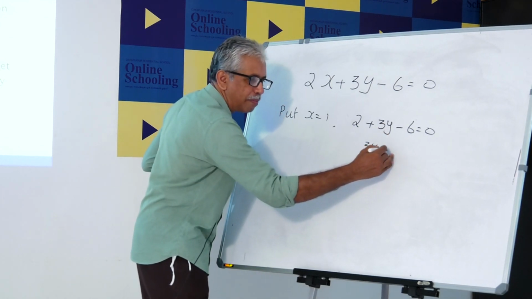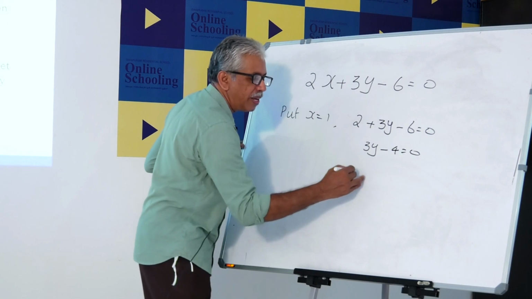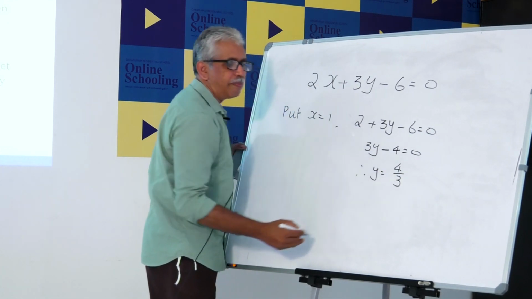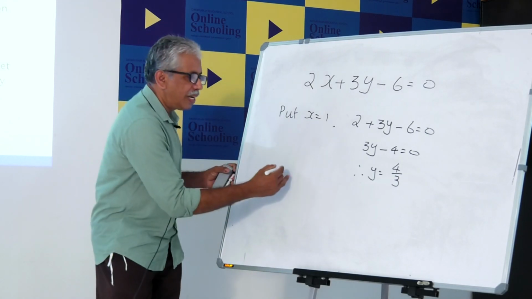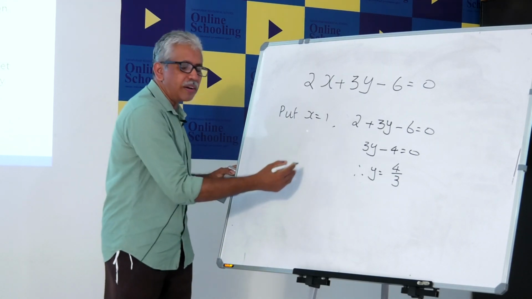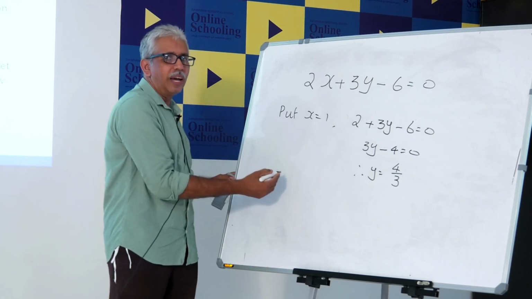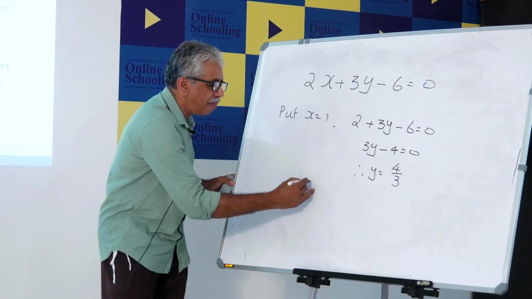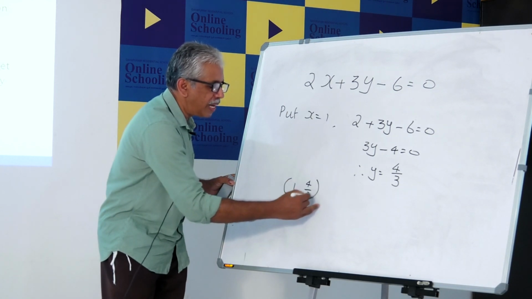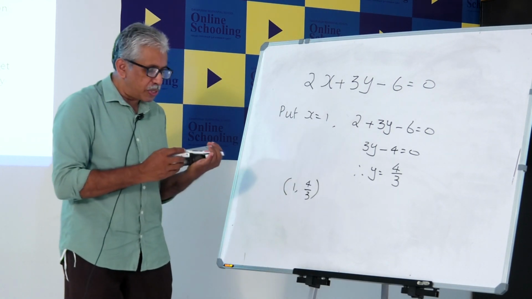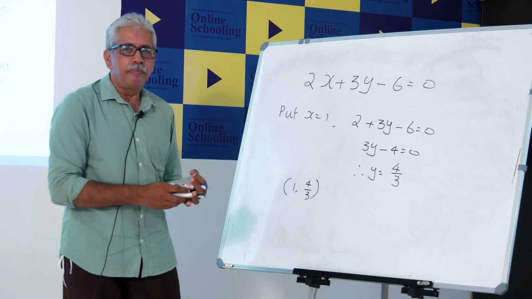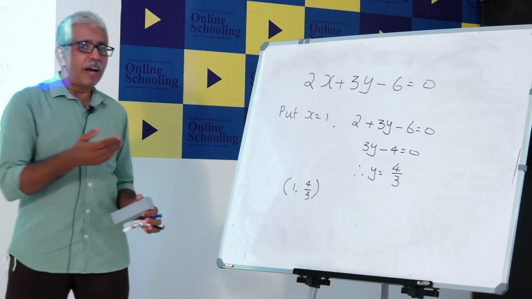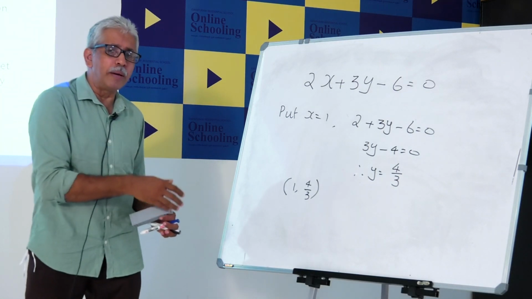So 3y minus 4 equal to 0, therefore y equal to 4 by 3. So you get x equal to 1, y equal to 4 by 3 to be another solution, and geometrically this means (1, 4/3) is a point on the straight line represented by the linear equation. In this way, we can give different values to any one of the variables.